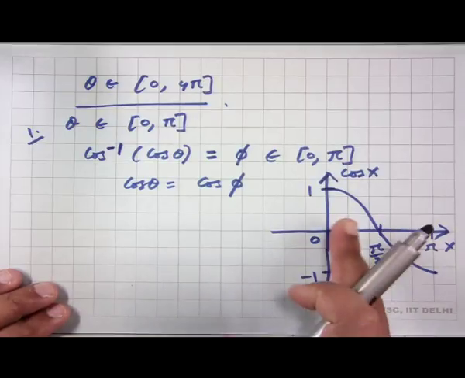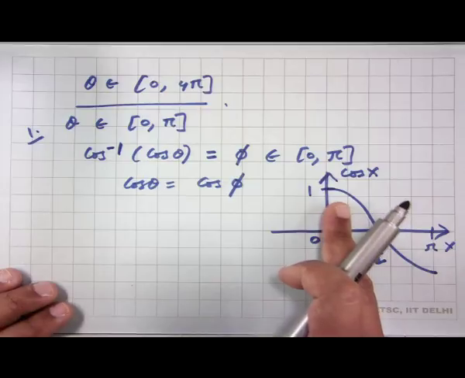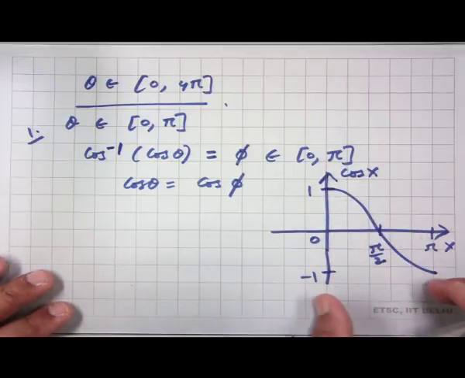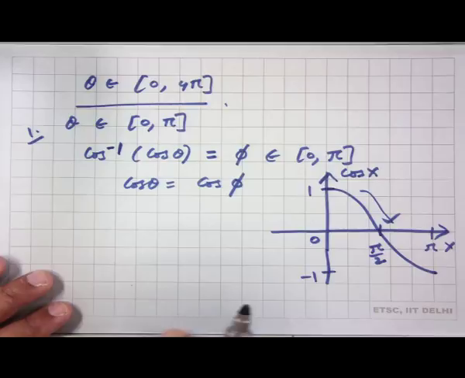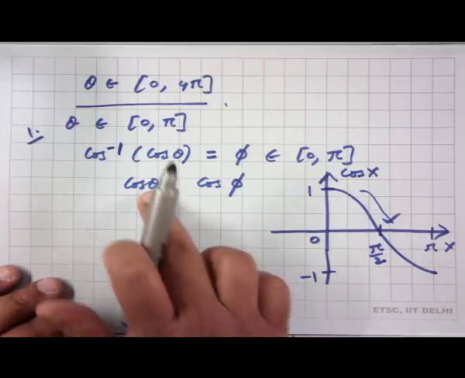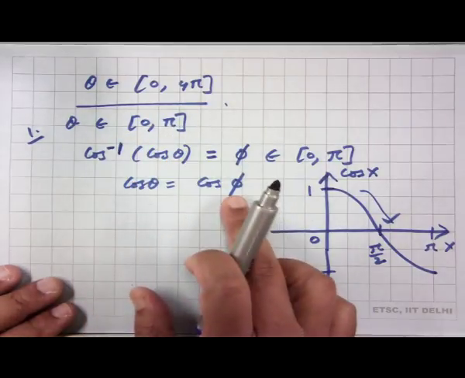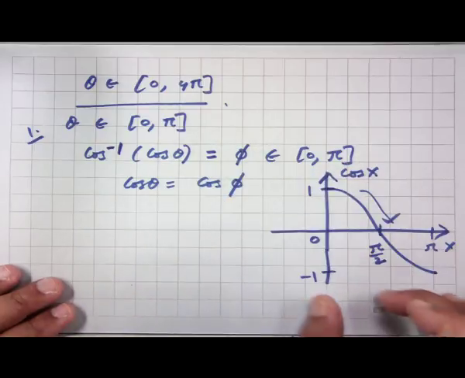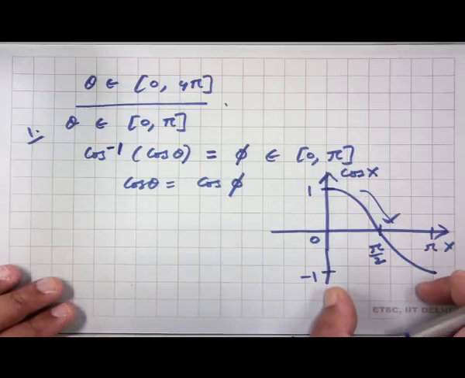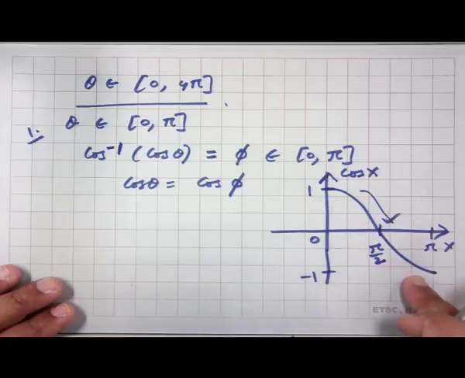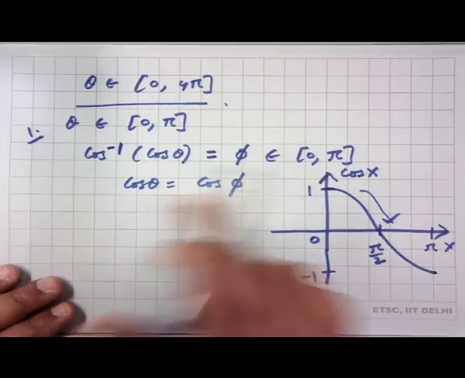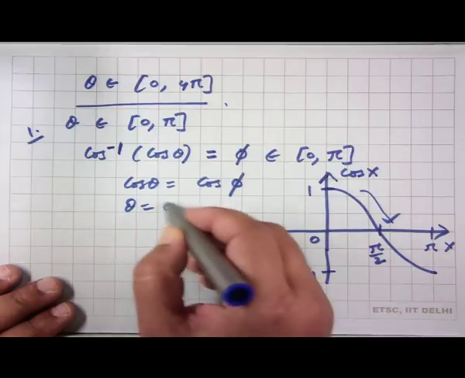And as you can see, the curve of the function cos x, when limited to the interval 0 to pi, is monotonically decreasing with increasing x. And therefore, if we have two angles, theta belonging to 0 to pi and phi also belonging to the interval 0 to pi, and cos theta is equal to cos phi, then since the cosine function is monotonically decreasing, the only way this is true is that theta is equal to phi.